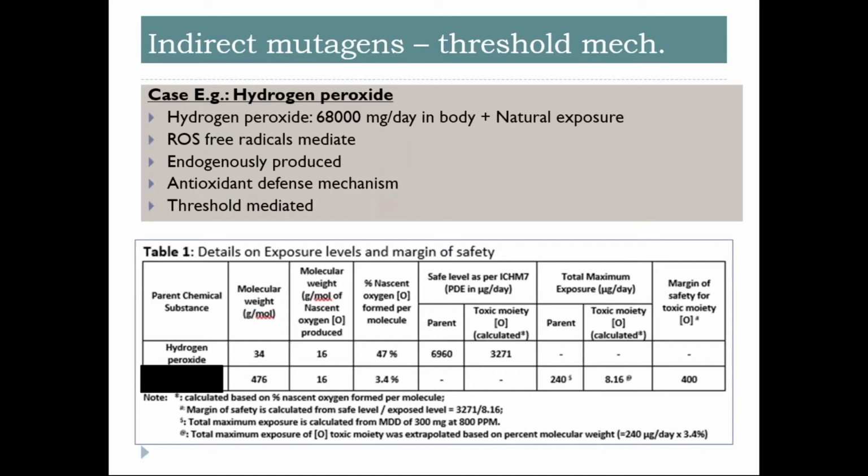Hence, there will be a NOEL or NOAEL for such effects, based on which a PDE can be derived for hydrogen peroxide. The same concept can be applied to any peroxide impurities or peroxide derivatives of drugs seen as impurities, as they behave similarly to H2O2, meaning hydrogen peroxide.